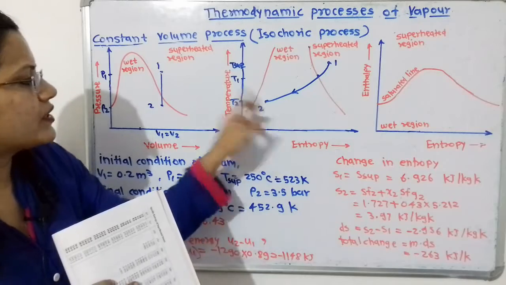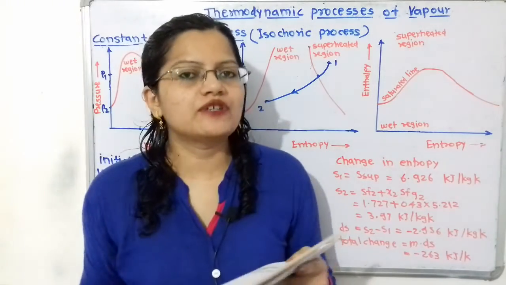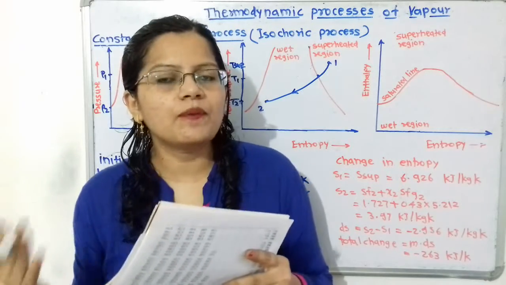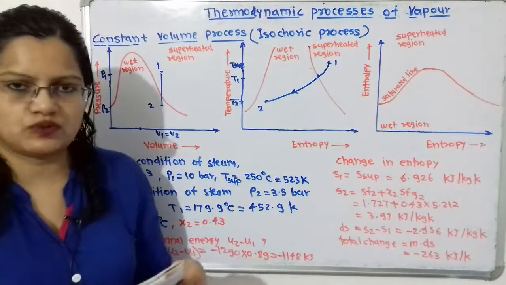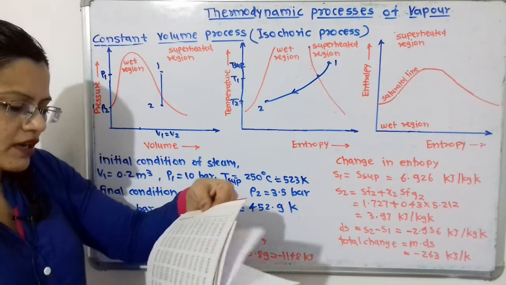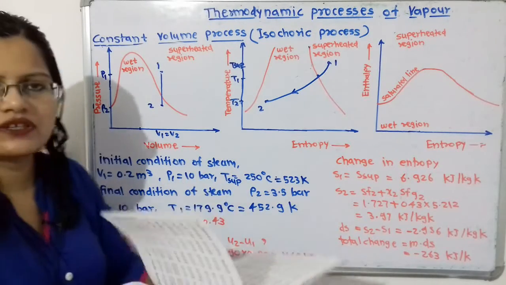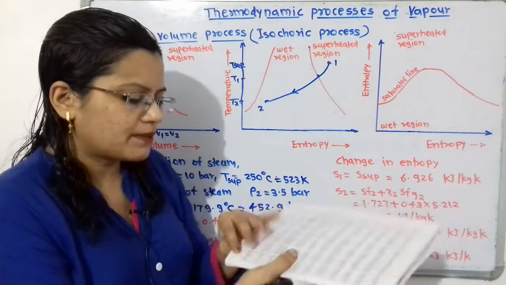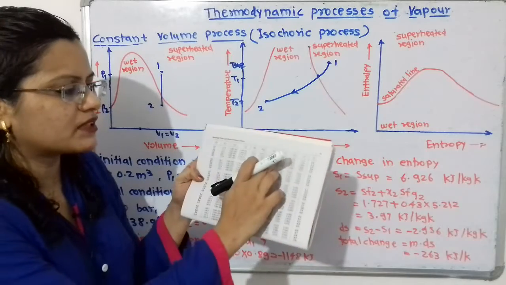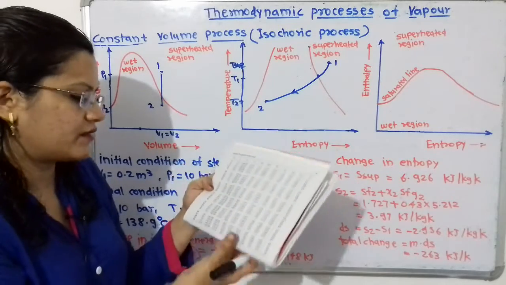Now we will find the entropy at point 2. Point 2 is in the wet region, so S2 is equal to Sf2 plus x2 Sfg2. At point 2 the pressure is 3.5 bar, so again we refer to the pressure table. In the pressure table at 3.5 bar, Sf and Sfg values are given.